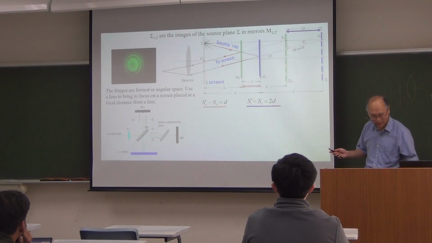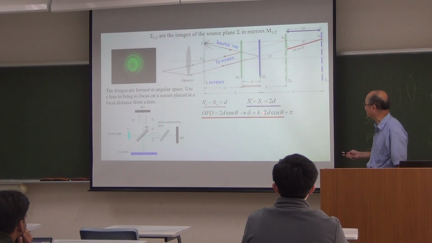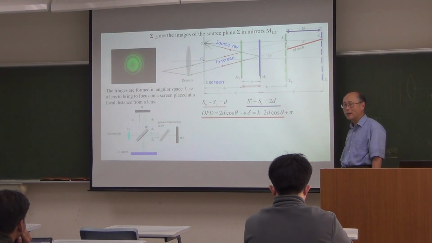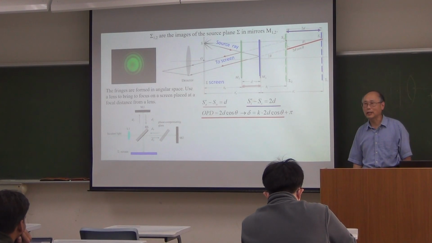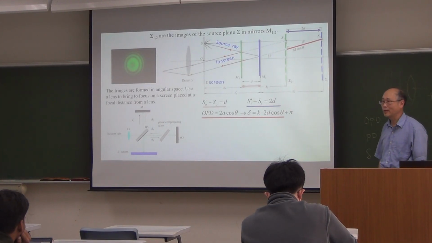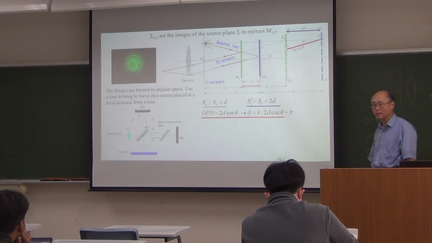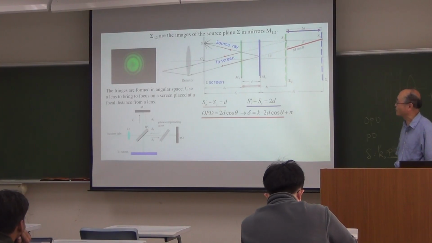So the actual optical path difference is going to be 2D cosine theta. Okay, this is 2D, this is the propagation angle theta, and this path is 2D cosine theta. All right, you simply have to go through the derivations by yourself. But I sort of walk you through this calculation so that it will be easier for you to see it.